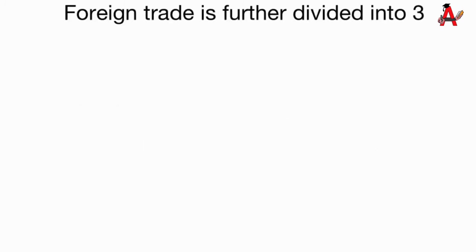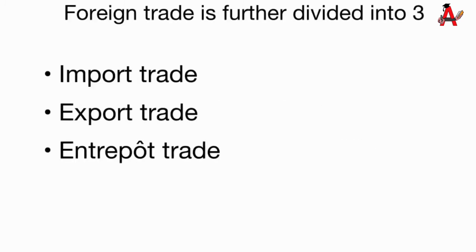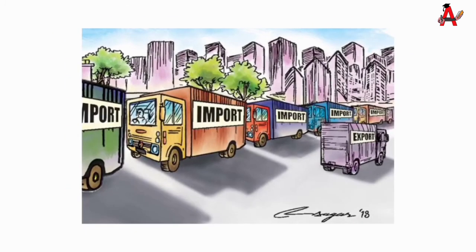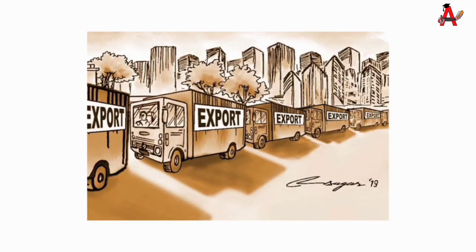The foreign trade is also divided into three categories, which are called import trade, export trade and entrepot trade. Import trade means when goods and services are purchased from another country to our country. However, when goods and services are sold to a foreign country, that is called export trade.